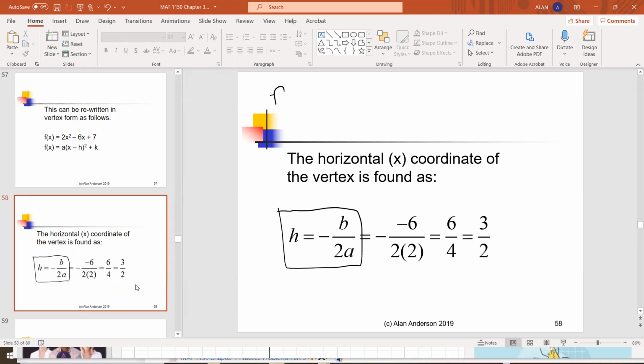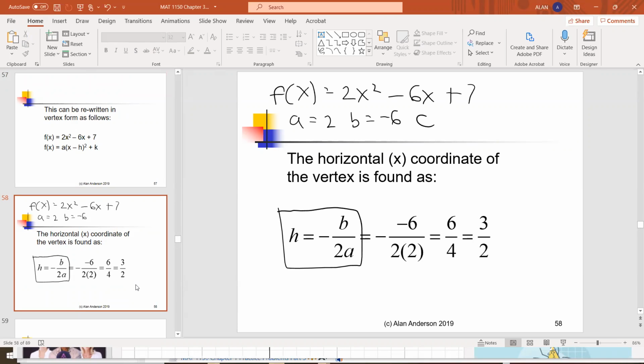So now remember, the original function was 2x squared minus 6x plus 7, which implies that a is 2, b is negative 6, c is 7. So therefore, you can see we just plugged in b over 2a. Oh, there you go. There's the 3/2. Now, we already knew this, but now we know where it came from.